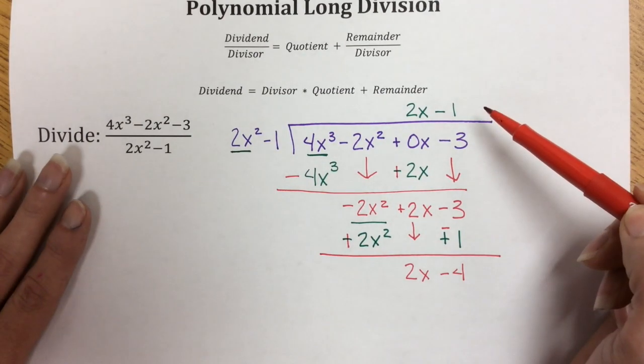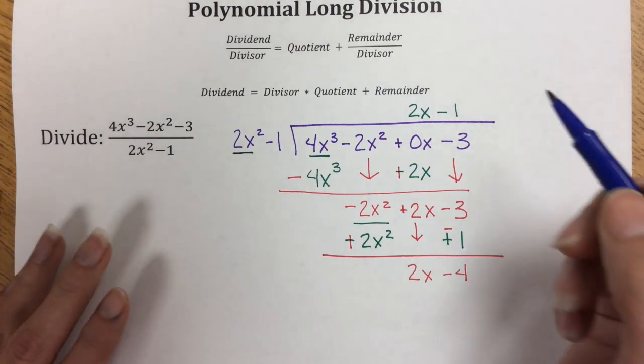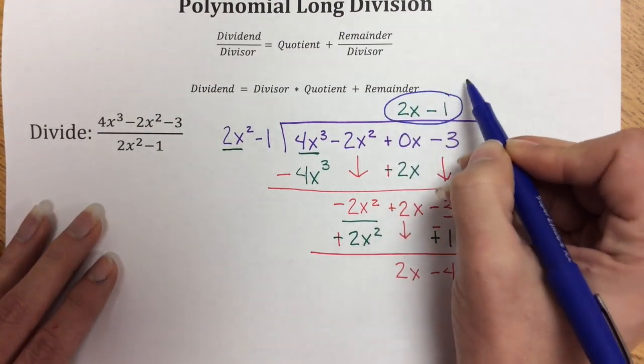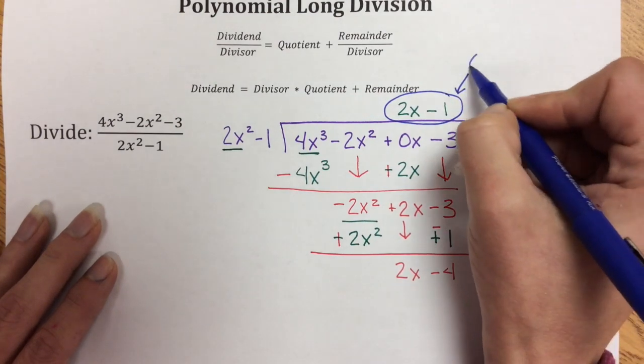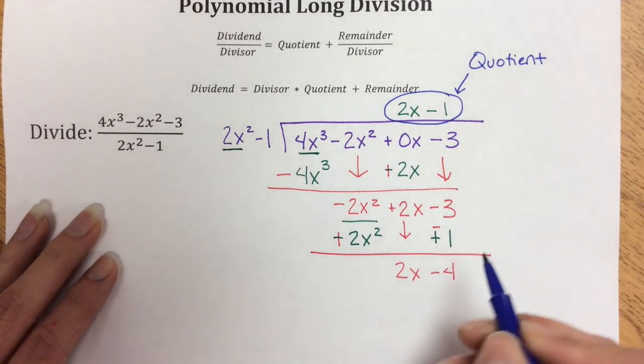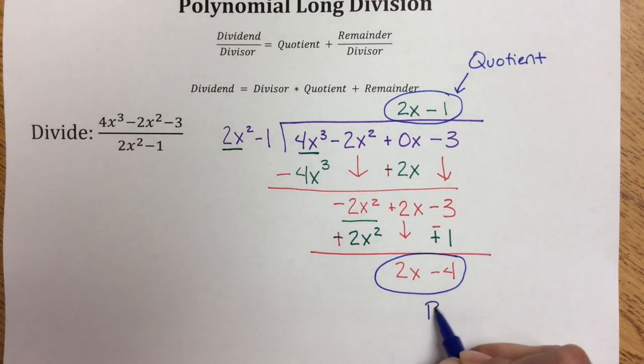What you have on the top right here is your quotient. So this right here is the quotient, Q-U-O-T-I-E-N-T. This right here is the remainder.